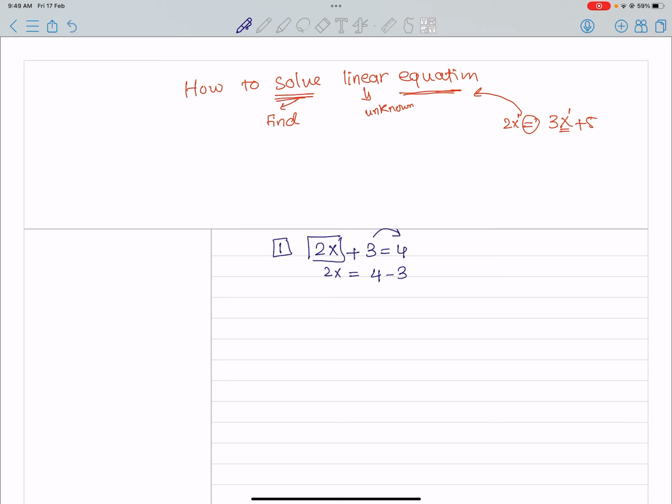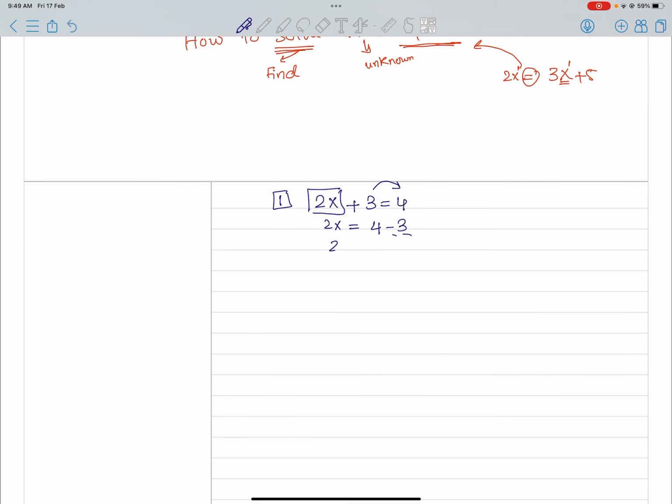When you transfer it to another side, you have to change the sign of that element. So here it is positive and we change it into negative. Then we say that 2x is equal to 4 minus 3. It will be equal to 1. So x, divided by 2, we get that x is equal to 0.5.